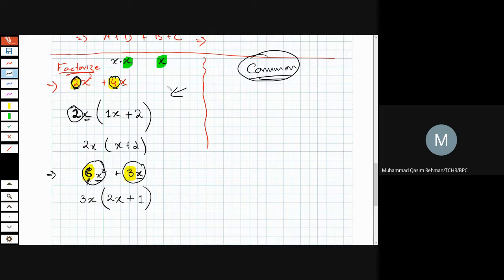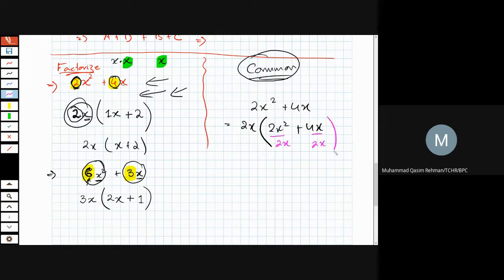So first of all, let's do the same question which I did on the left hand side. Now when I say I take 2x as common, what do I actually mean? Whatever you are taking common, you are actually dividing the same thing with each term, which is a hidden process, which you do not show here. So when I take 2x as common, I am actually dividing 2x with each of the terms here separately.